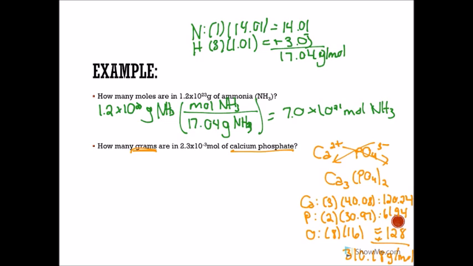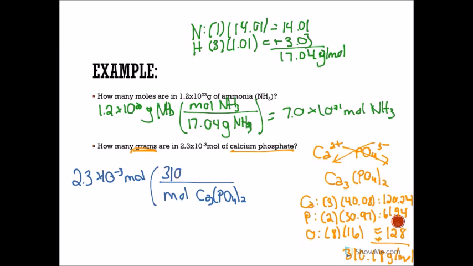We then start with our number in the question, 2.3 times 10 to the negative 3 moles. We have moles on top, so we're going to need moles on the bottom, so we have moles of calcium phosphate over 310.18 grams of calcium phosphate.